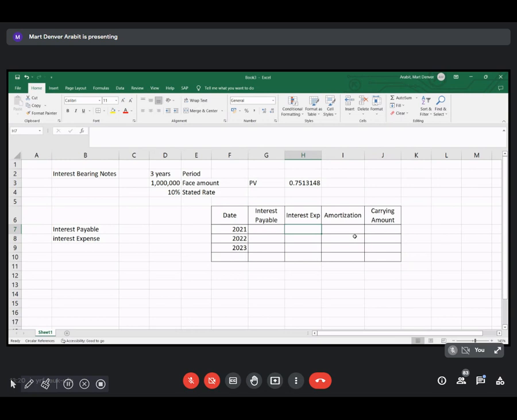And so, for 2021, for example, how much is the interest payable?